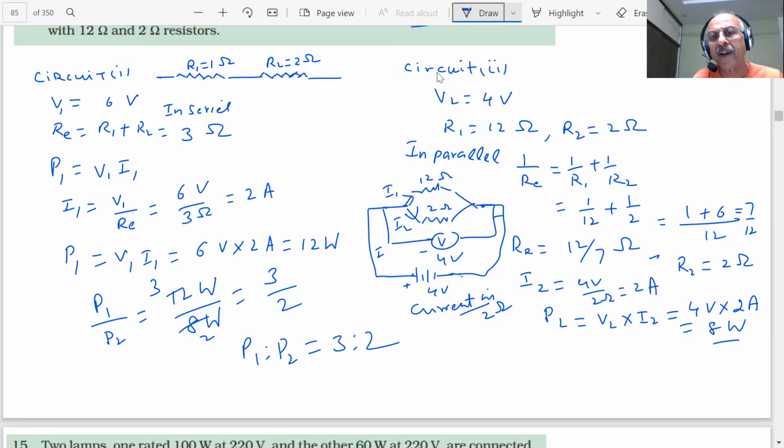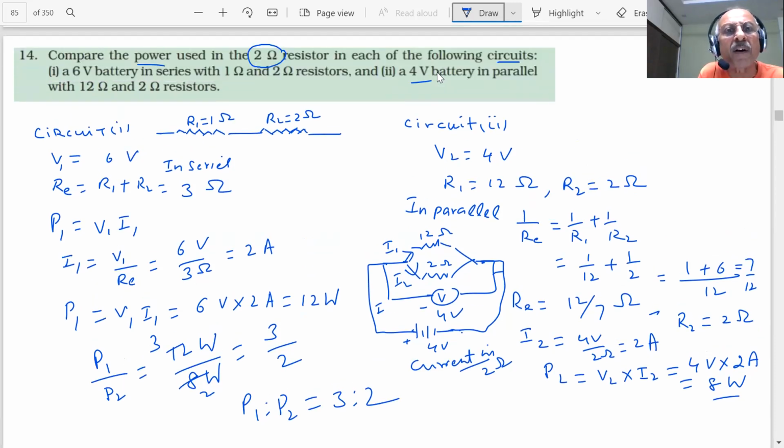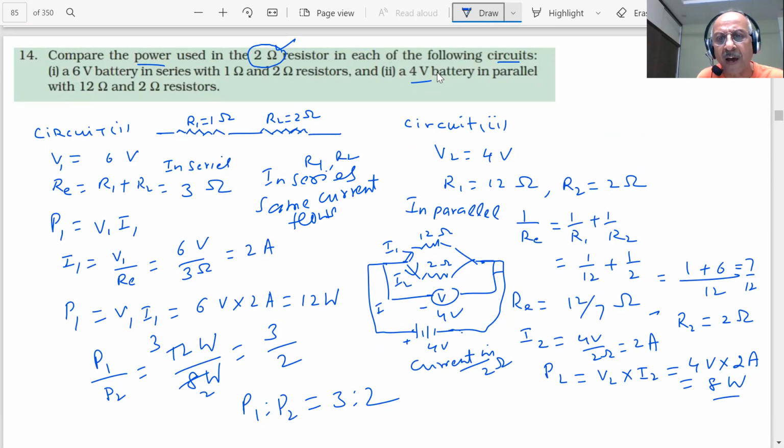Understand, this is a parallel combination, but the question is to compare the power used in the 2 ohm resistor. In this case, in series, same current flows through R1 and R2. In parallel, the current gets divided.